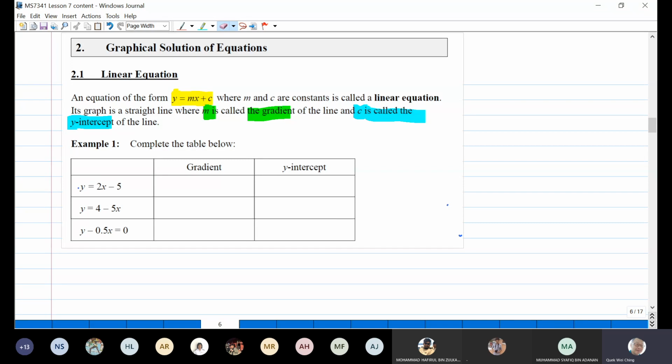The first one is very obvious. y equals 2x plus 3, right? So this one is y equals 2x minus 5. The term together with your x is called the gradient. So that means this is the gradient now, 2. So 2 is the gradient. It's together with x here.